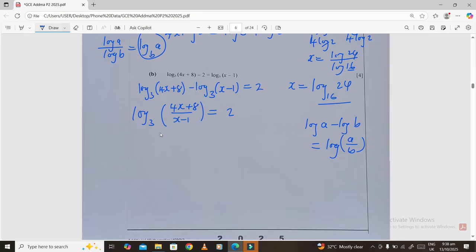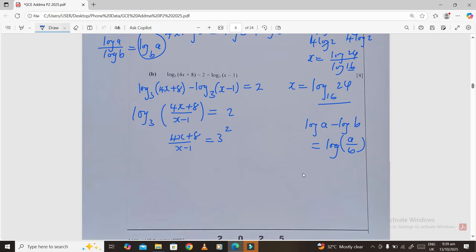So now here it will be 4x plus 8 over x minus 1 equal to 3 power 2. Again, this property cancels the log. The base which is here will come this side and it becomes the base, while whatever is here becomes the power. And then the log disappears.